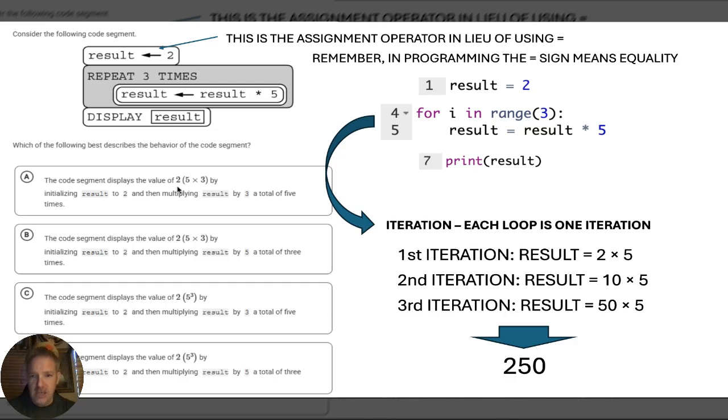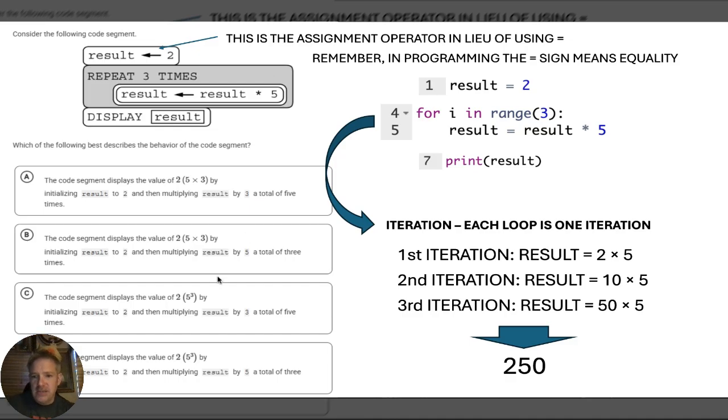What stuck out to me is the algorithm 2 times 5 times 3 is the same on A and B, and 2 times 5 to the third power is the same on C and D. If we look here, it says the code segment displays the value of 2 times 5 times 3. So 5 times 3 is 15, times 2 is 30. We know that 30 is not equal to 250. So just by looking at those two, of course you want to read through them both, but I'm going to go ahead and eliminate A and B.